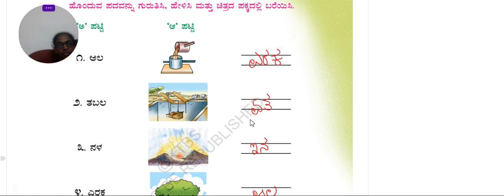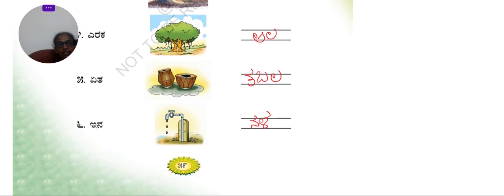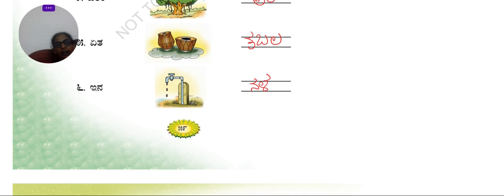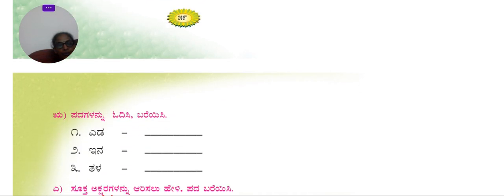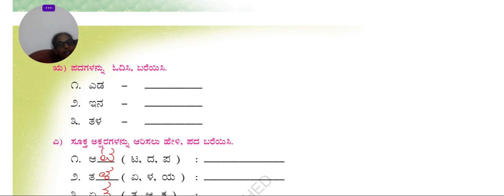This is a picture of the pulley, so eta. This is a picture of sun, ina. Then the tree is ala. Tabala is the musical instrument. And nala is the tap. Now you just have to read these words and write them. So you read eda and then write eda. Ina and write ina.